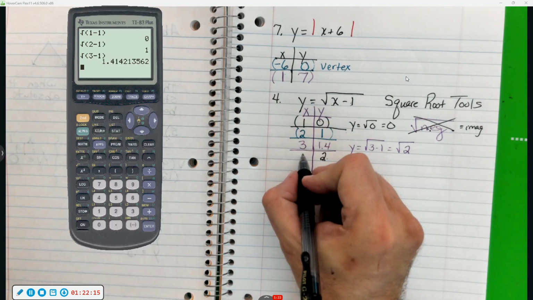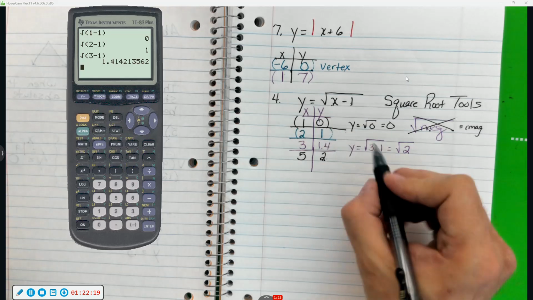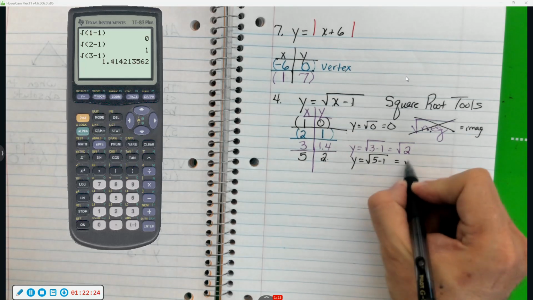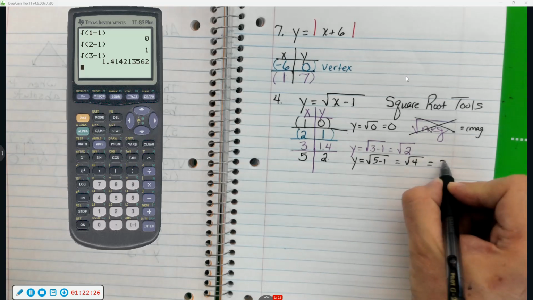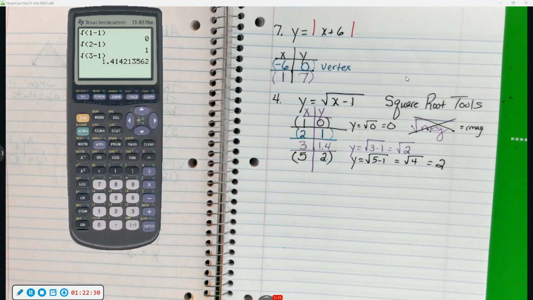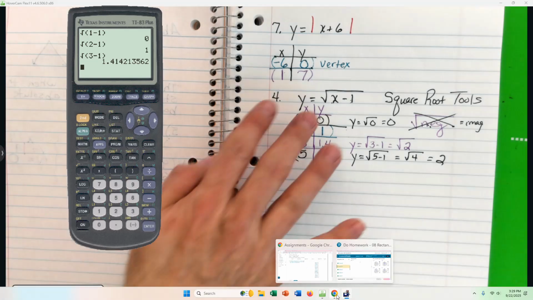Exactly. Why 5? 5 minus 1 would be 4, and the square root of 4 is 2. This is multiple choice. I've found enough points.